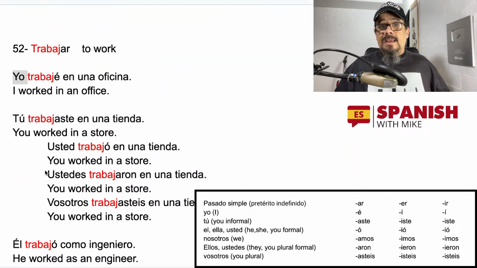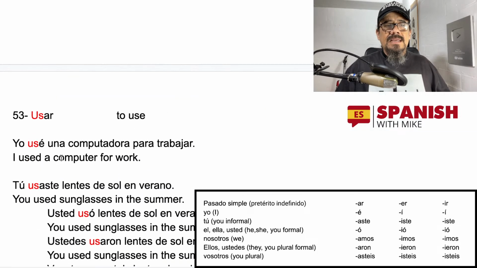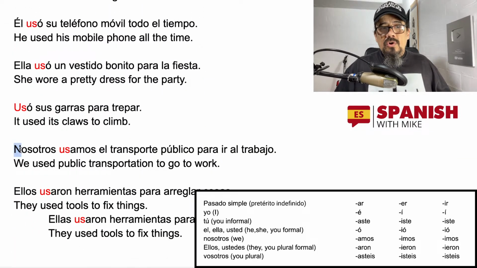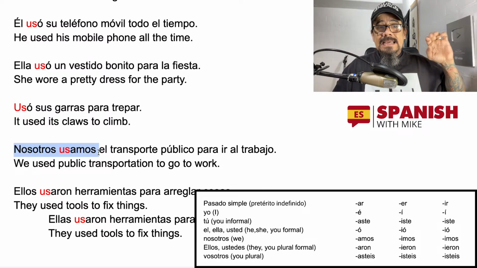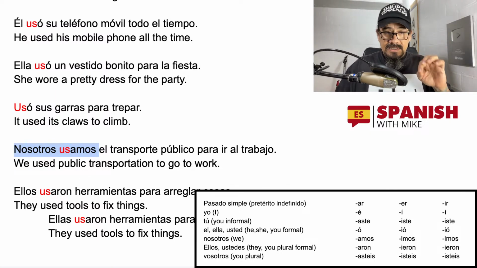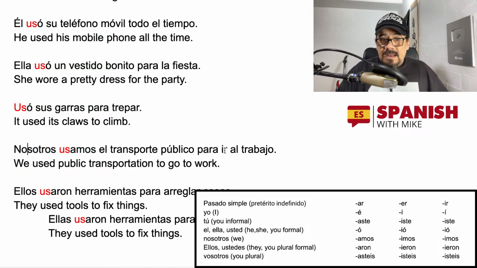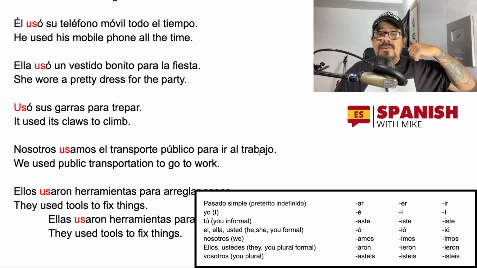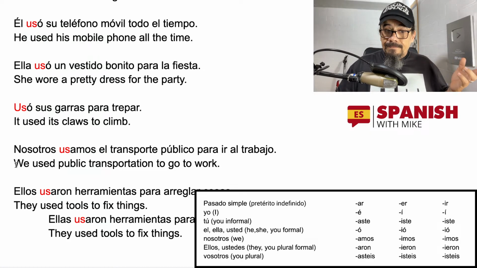Another thing to keep in mind: for verbs ending in ar, and I think it's the same for verbs ending in er, the conjugation for nosotros in the pretérito indefinido is the same as the present. Nosotros usamos el transporte público para ir al trabajo can be either present or past, depending on the context.